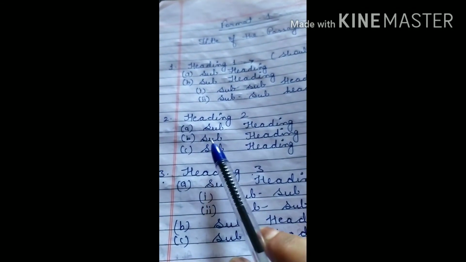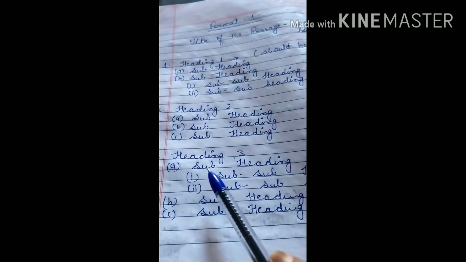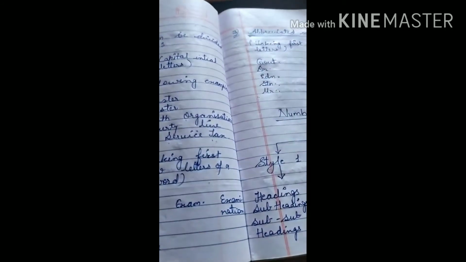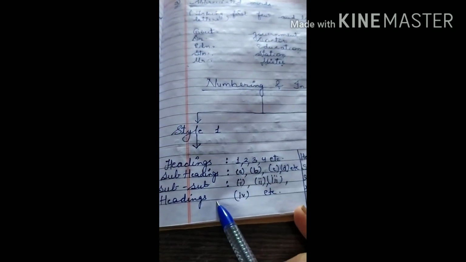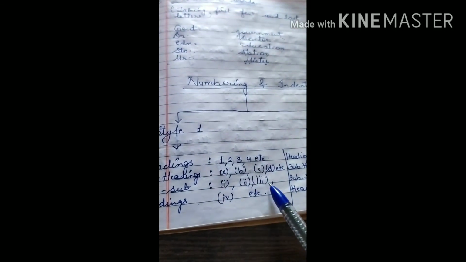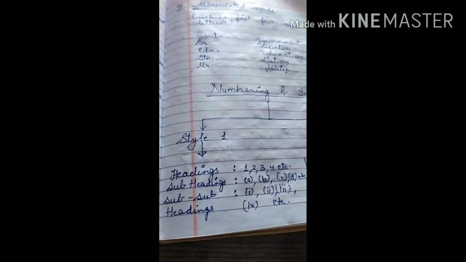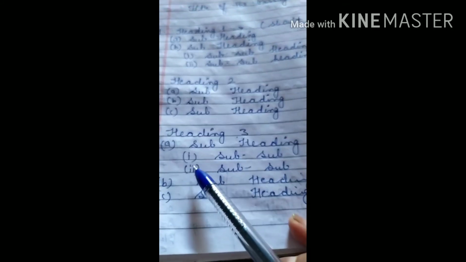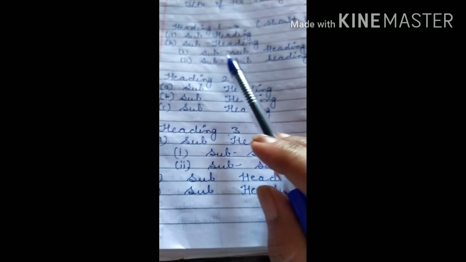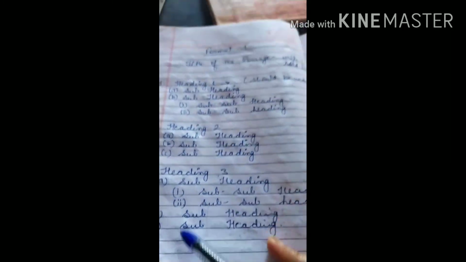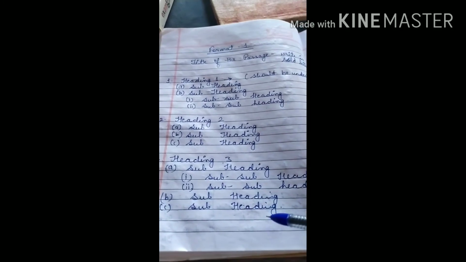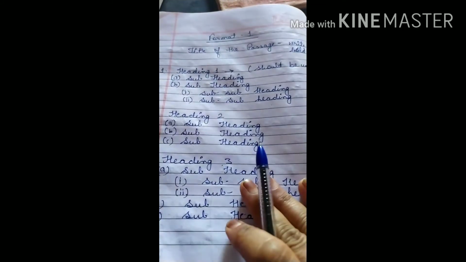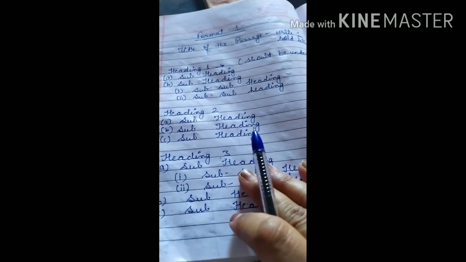Again subheading, subheading, subheading, A, B, C. Clear? Then for sub-subheadings, number 1, number 2, number 3, number 4, likewise this way. See, here also we are using number 1, number 2 for subheadings. So this is the format, and it should be clear in your mind because this is very important. And according to this only you have to make notes.